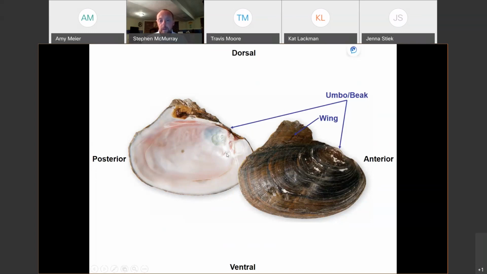If you can imagine, from this portion down is what would be buried into the sediment. And this thing, which often goes up here and makes a point, would be sticking out. So if you're walking around in a stream barefoot, you're going to split your heel on a heel splitter.